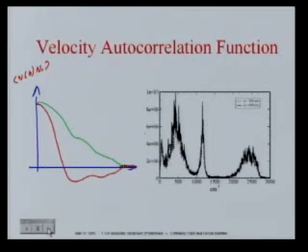Again, this is because, if an atom is oscillating around, say, an equilibrium position, there is going to be a lot of correlation. That is, if we look at time 0 and then after a period t, the velocities are again going to be very similar. If you look again at time 2t, they are again going to be similar. If you look at a time 3t, they are again going to be similar.